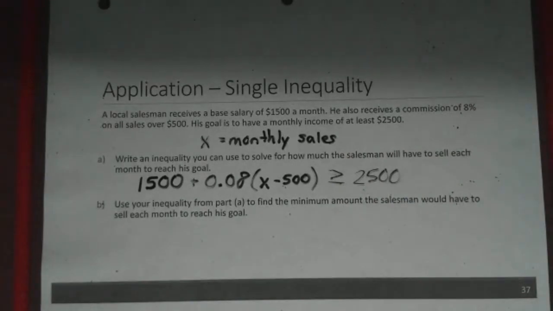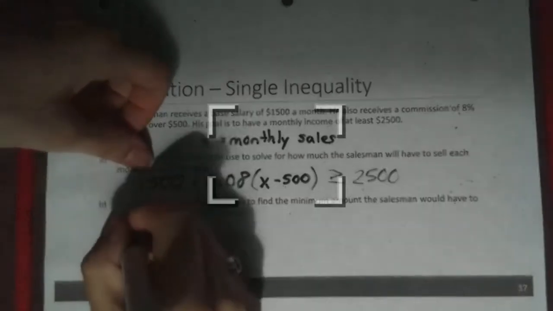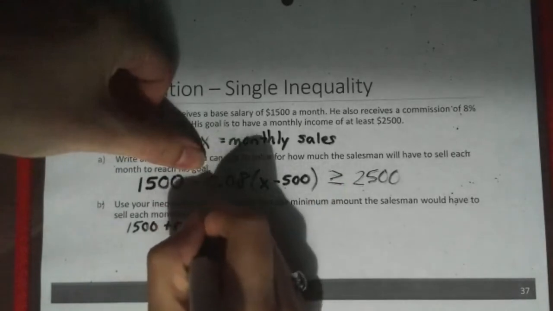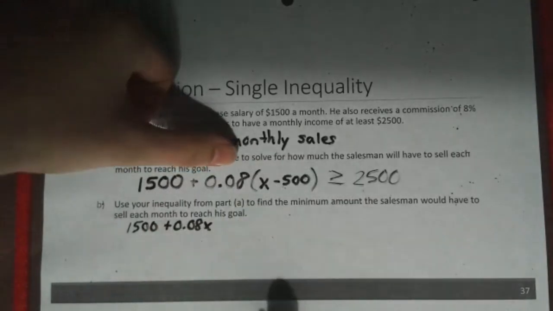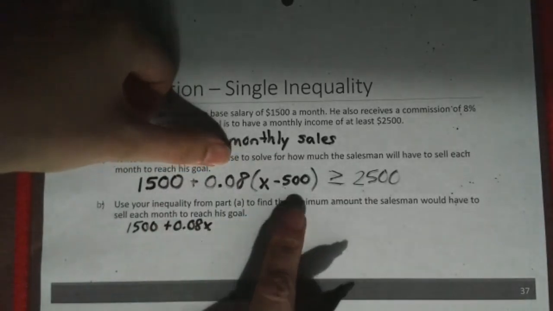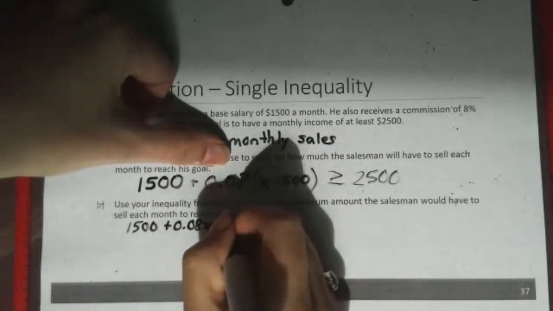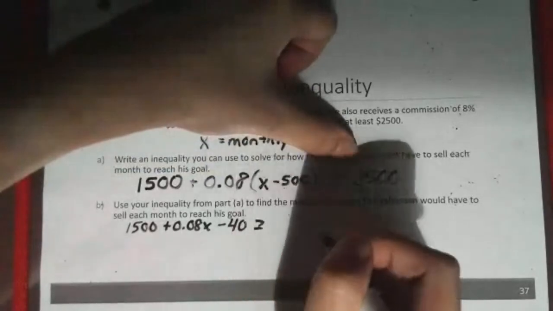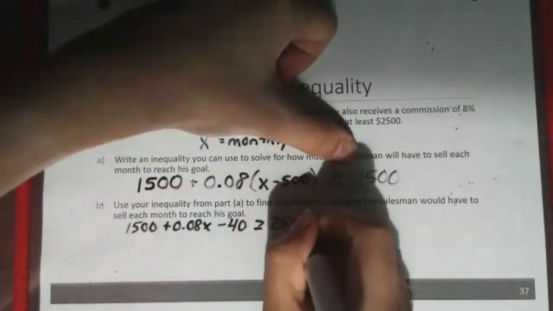So now we can solve this inequality to figure out how much he needs to sell. We'll have 1,500 plus 0.08x, and then 0.08 times -500 is -40. That's greater than or equal to our 2,500.